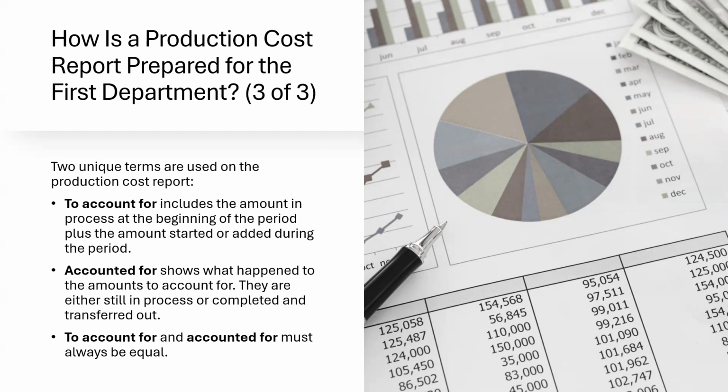They are either still in process or completed and transferred out. These terms are used for both units and costs. To account for and accounted for must always be equal.